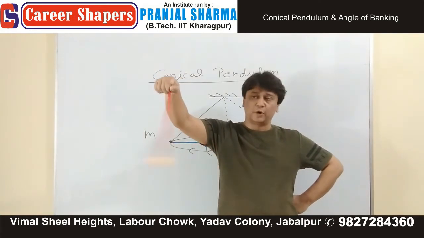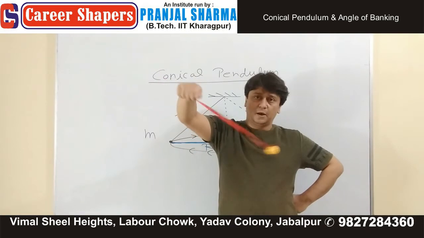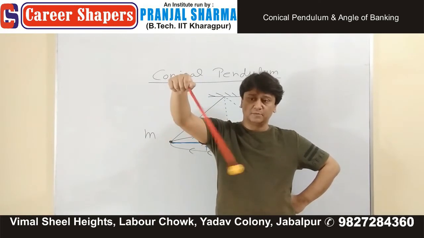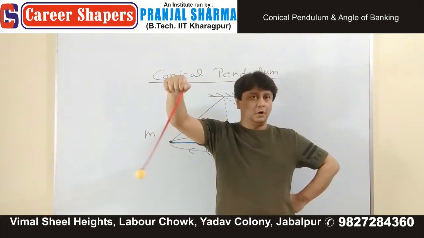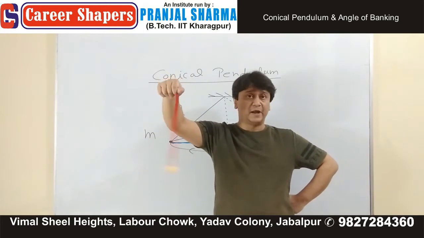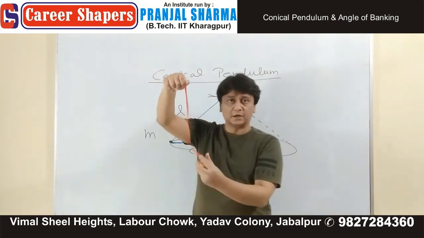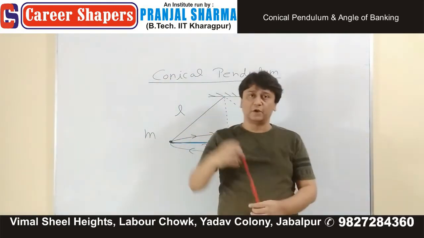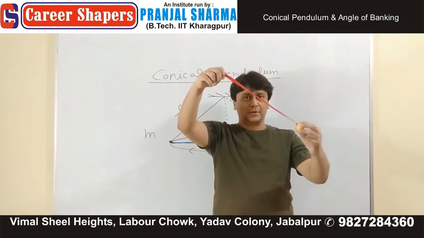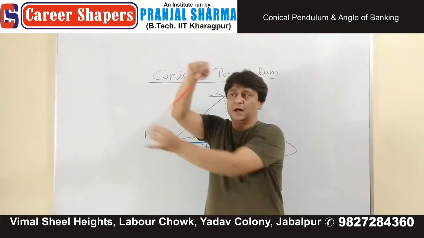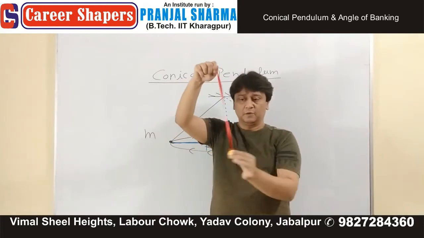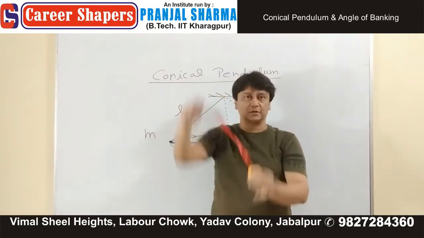If I change rotational speed, I hope you can see, as I increase, it goes up, and as I decrease the omega, it comes down. All the while, length remains same, but the radius, it keeps on changing. As I increase angular velocity, it moves in a larger radius circle. As I decrease omega, radius of the circle, it decreases.